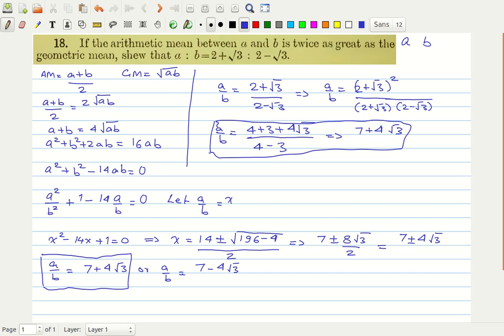So what is the meaning of the second value, which is 7 minus 4 root 3?